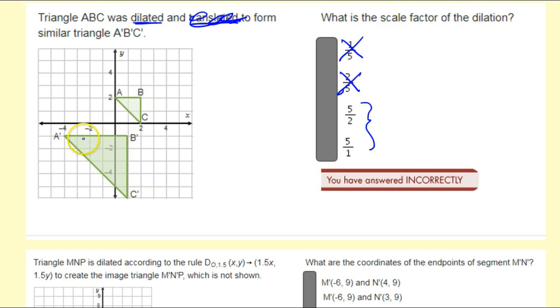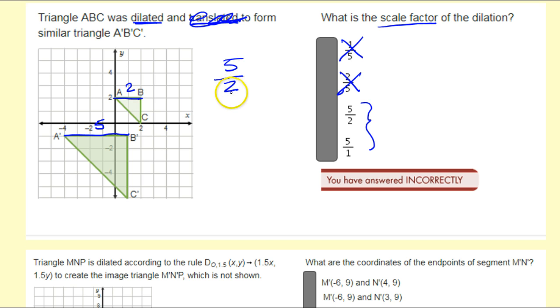So for example, if I look at these corresponding sides right here, this is 5, while this is 2. So when I set up my scale factor, I'm going to do 5 over 2 on purpose. I'm going to do big over small because I know the scale factor should be bigger than 1.